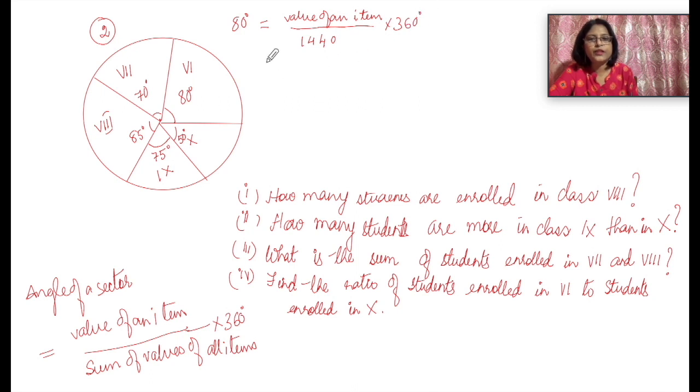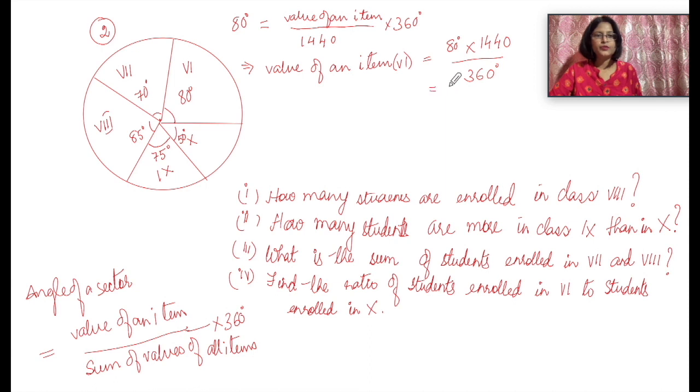So if we evaluate this, we will get value of an item, or that is class 6 you can say, equals 80 degree into 1440 by 360 degree. So this is equal to 320 students.